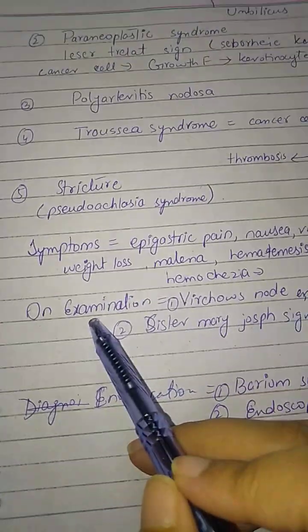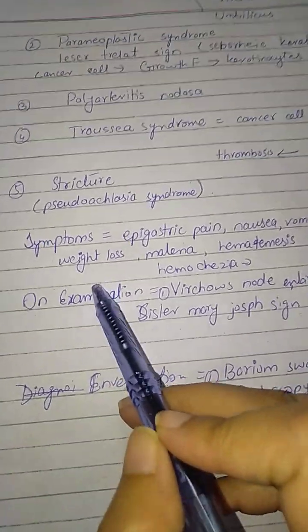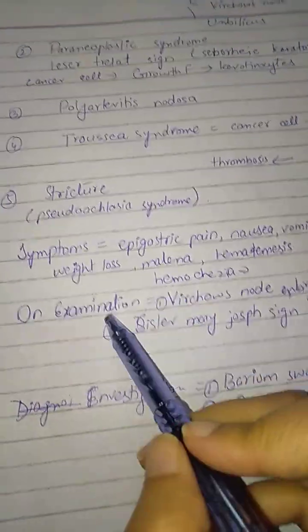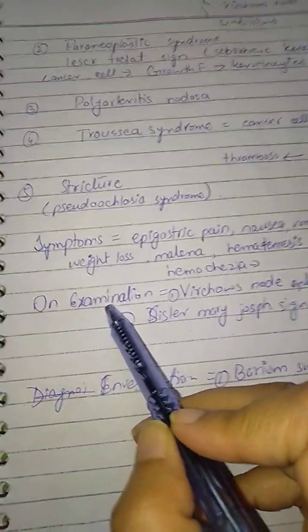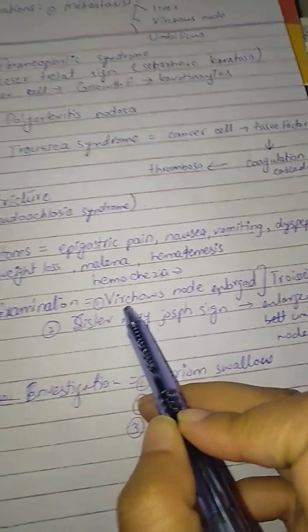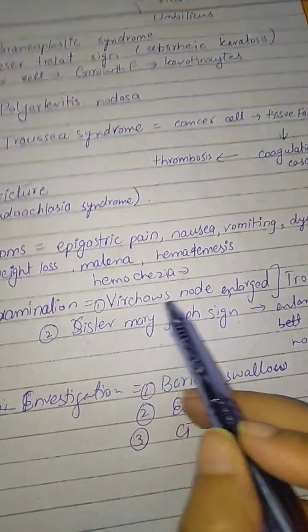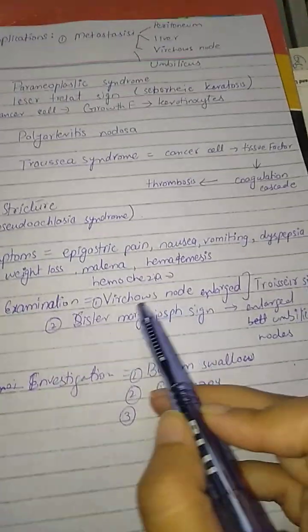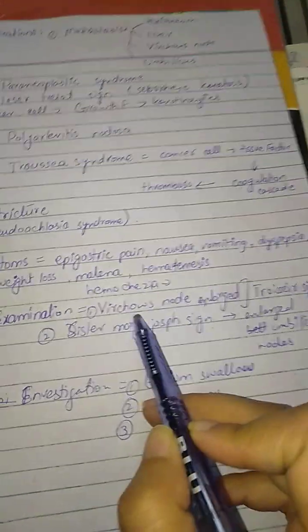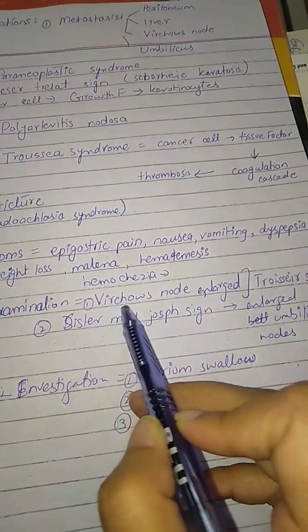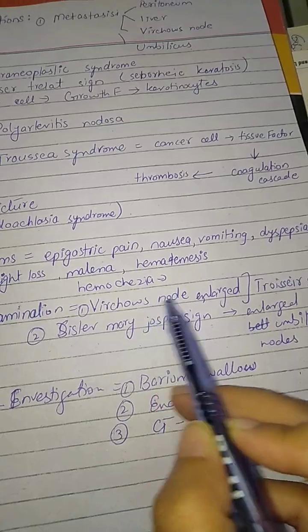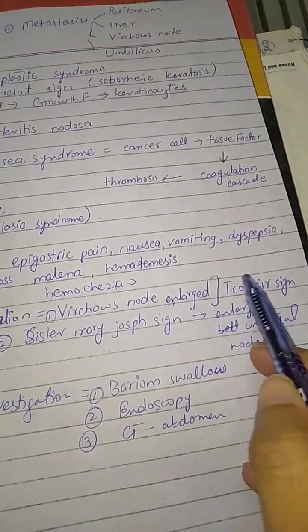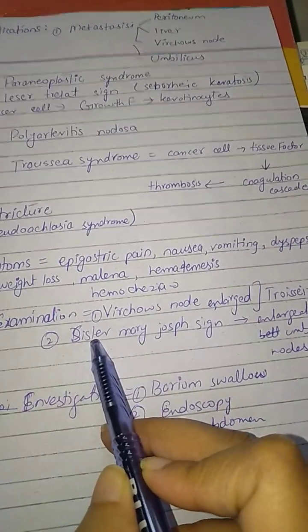On examination, when the person comes with these signs and symptoms, what a doctor is supposed to do is look at the virchow's nodes that are present normally in the neck area. They will be enlarged. Now this is termed as Troisier's sign.